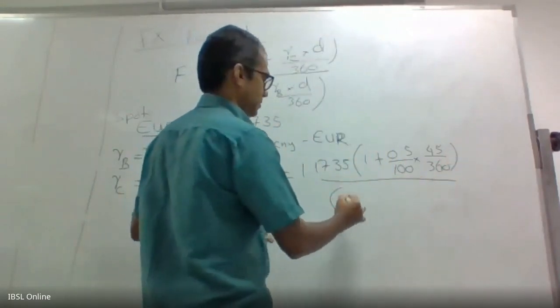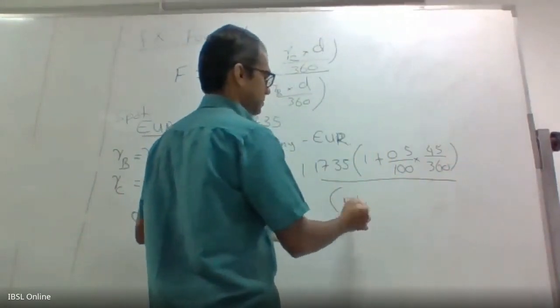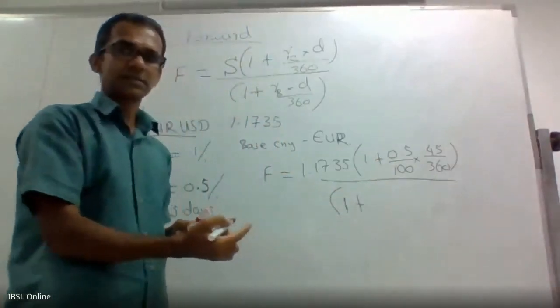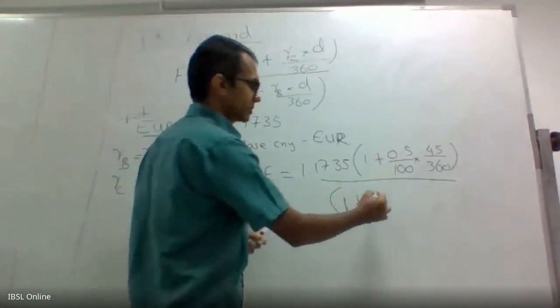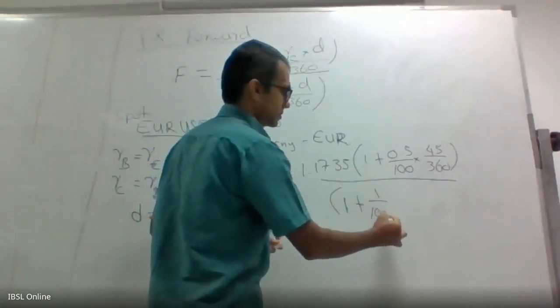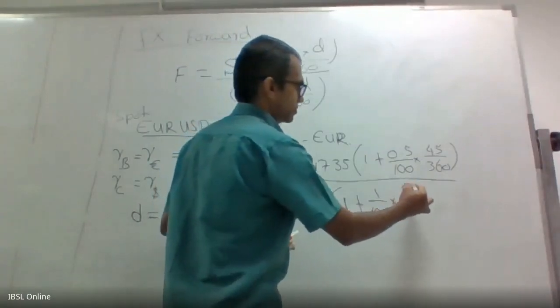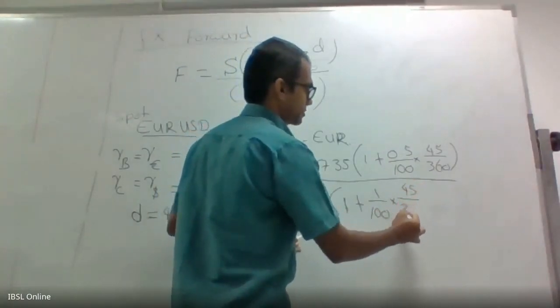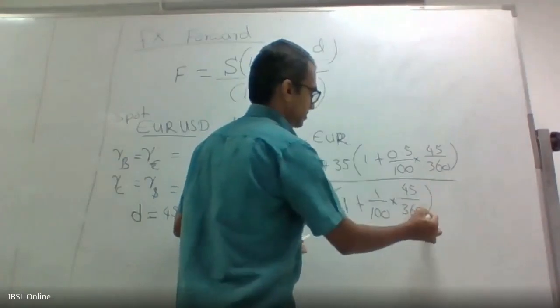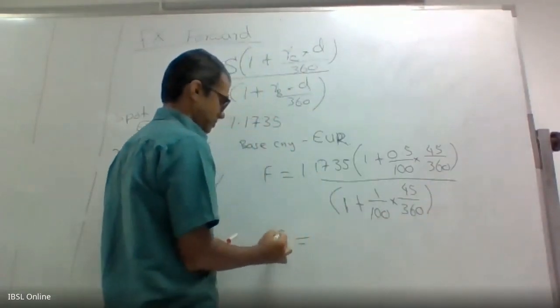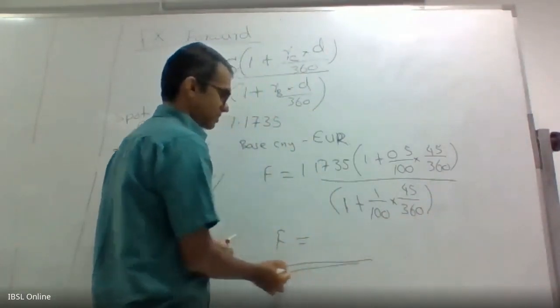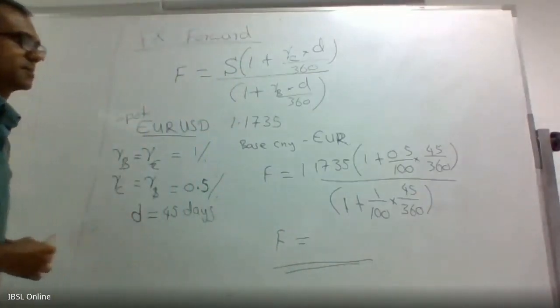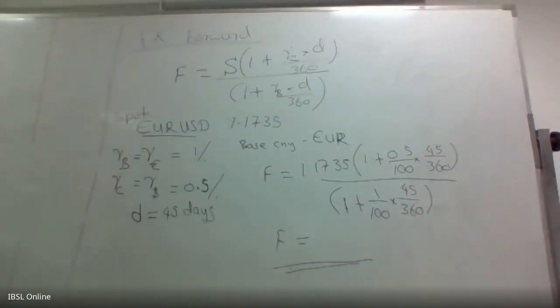Divide by 1 plus interest rate of the base currency. Interest rate of the base currency 1% into 45 days. This is the forward rate.